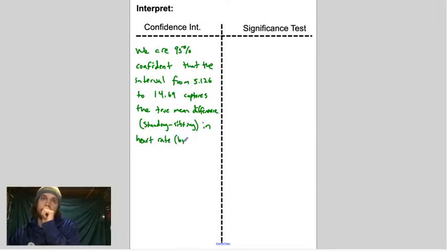In heart rate, BPM, for people like the ones in this experiment.